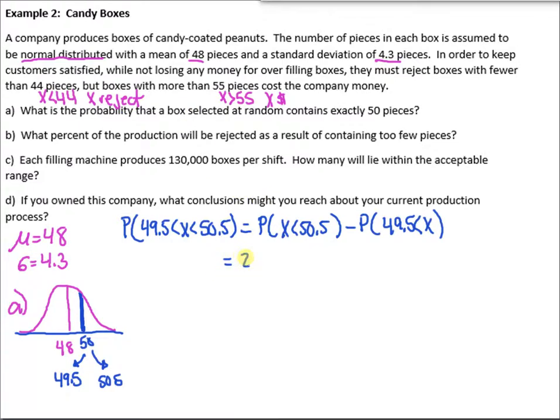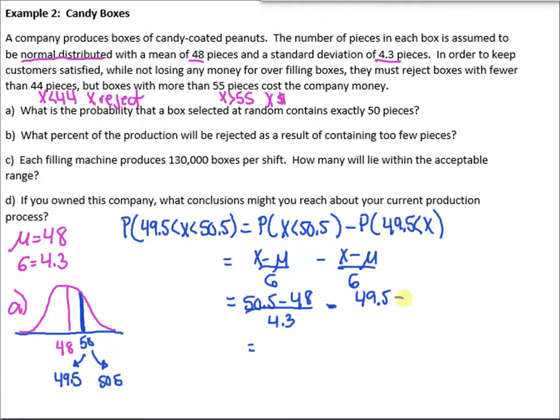We're going to look for the z-score, X minus mu over sigma, for 50.5 and 49.5. So for 50.5, we have 50.5 minus the average, which is 48, over 4.3, and then we subtract 49.5 minus 48 over 4.3.